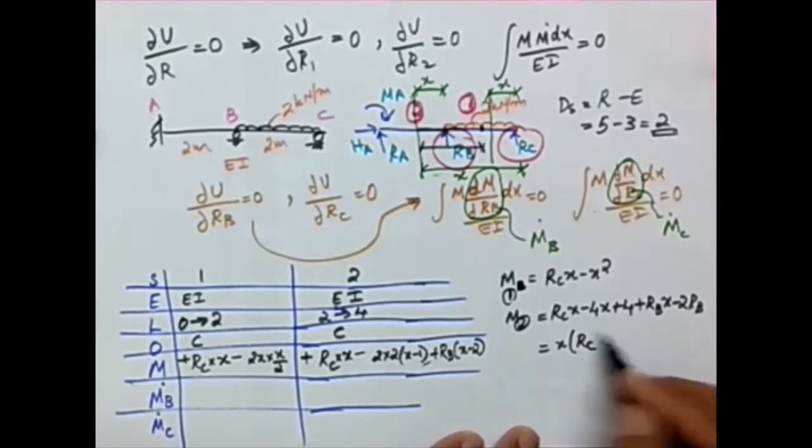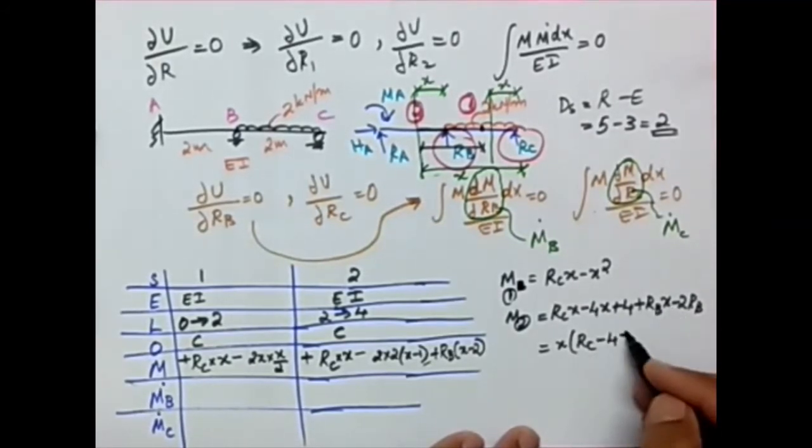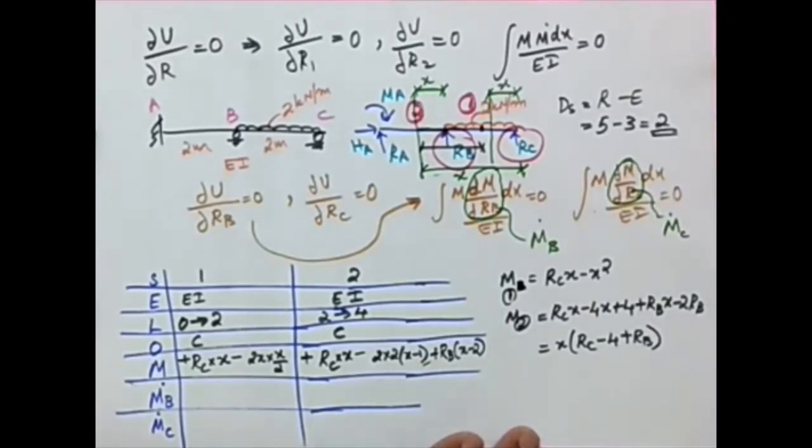RC minus 4 plus RB. Those are the terms with x raised to 1. And x raised to 0? 4 and minus 2RB. So plus 4 minus 2RB.